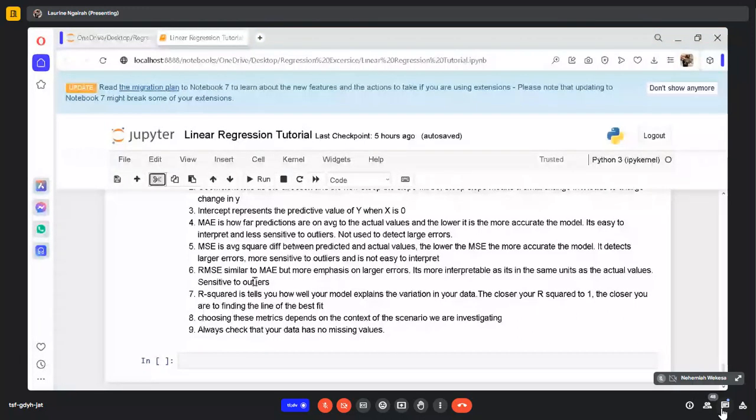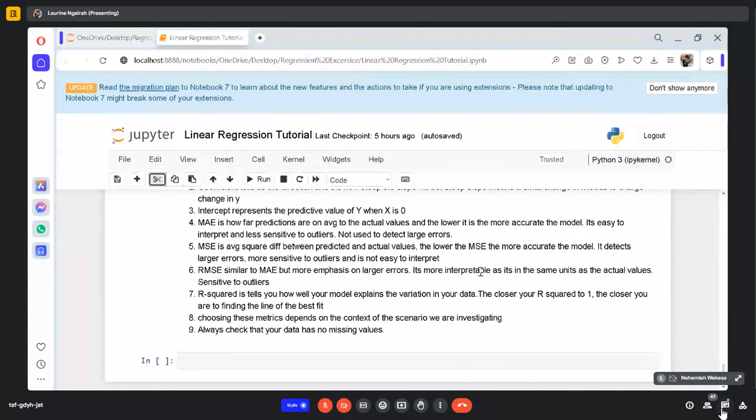And then we go to the RMSE, which is the root mean square error. It is similar to the mean absolute error, because now we are square rooting the MSE, which takes us back to the scale of MAE, but puts more emphasis on large errors.